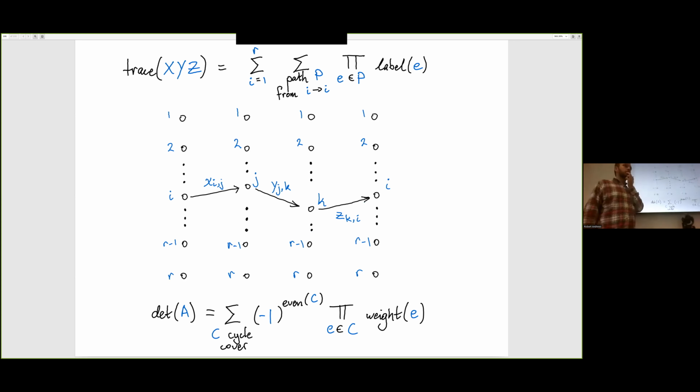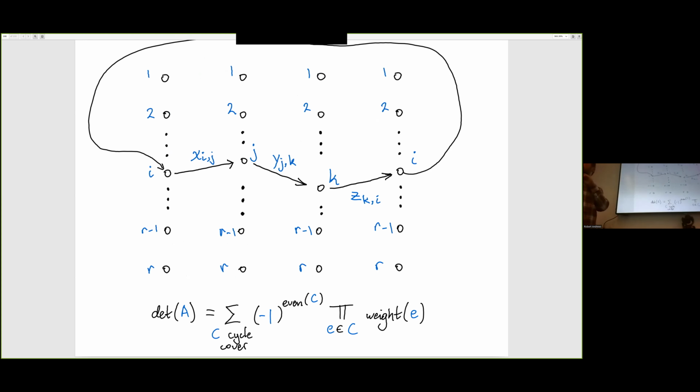Every such path can be extended to a cycle cover by just going back to the start and then padding the self loops everywhere else. Oh, he wants to isolate these special cycle covers that are paddings of one single path. Right. Every path can be extended to a cycle cover by the back edge and then this array of self loops.